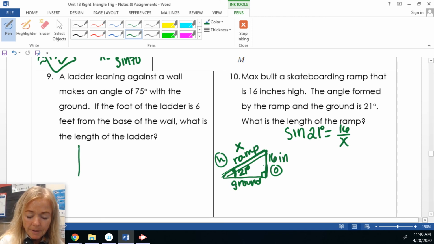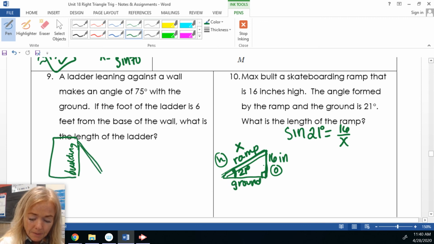And then here we have a ladder. Here's your building, and a ladder's leaning up against the building. It makes an angle of 75 degrees, so right here is 75 degrees with the ground. And the foot of the ladder is 6 feet from the base of the wall. Here's the base of the wall, here's the foot of the ladder.